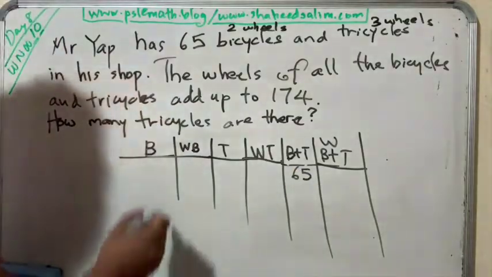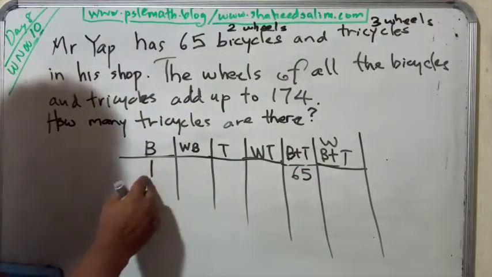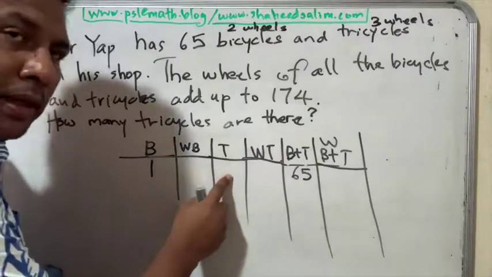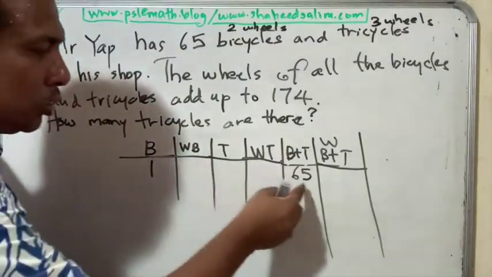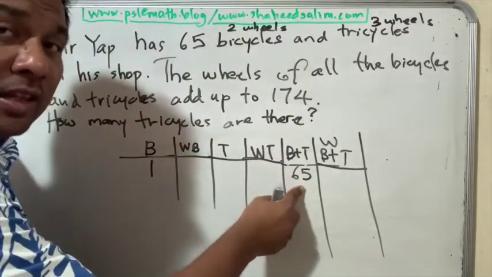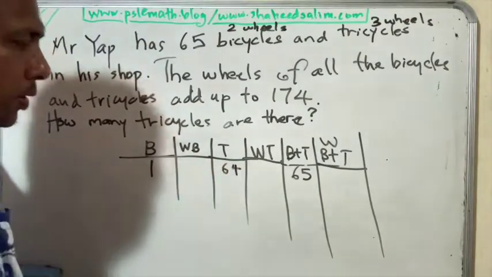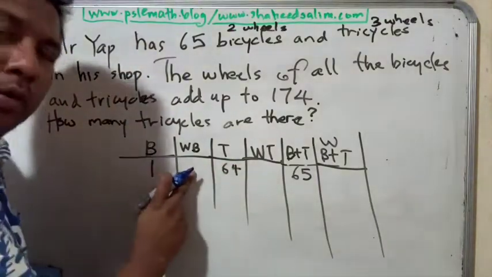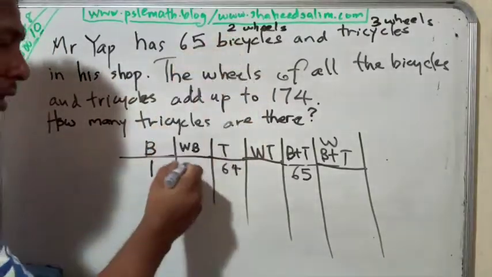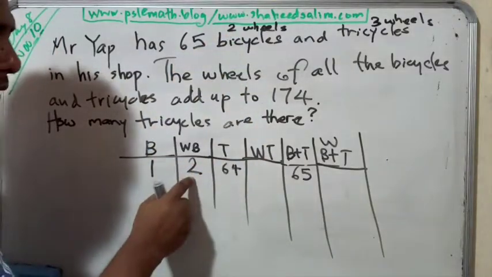For example, you have 1 bicycle, therefore the number of tricycles has to be 1 plus what equals 65? 64. So 1 bicycle has how many wheels? You know 1 bicycle has 2 wheels. Alright?